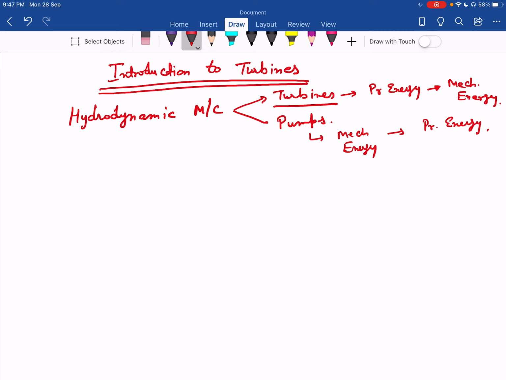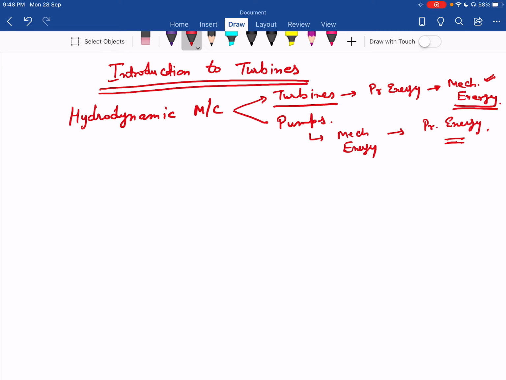Now, the mechanical energy that we obtain from turbines is used to generate electric power. However, the pressure energy that we get from pumps is used either to increase the fluid pressure to do some useful work, or to raise the fluid from a lower level to a higher level.